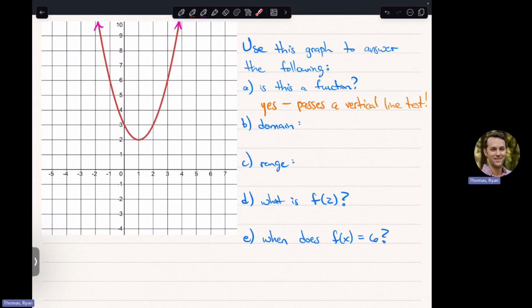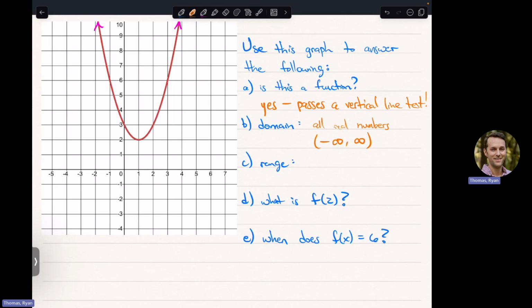So what gets included in the domain, if I was going to shade it like a number line, would be everything. We continue to the left and to the right. We pass through everything in between. The domain then is all real numbers. Or if we want to write that in interval notation, we could say negative infinity to infinity.